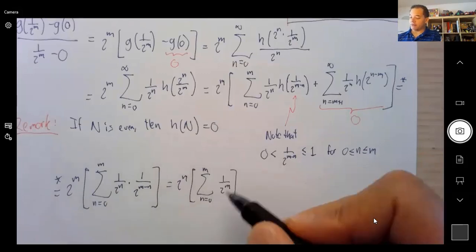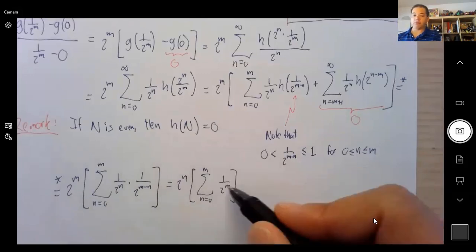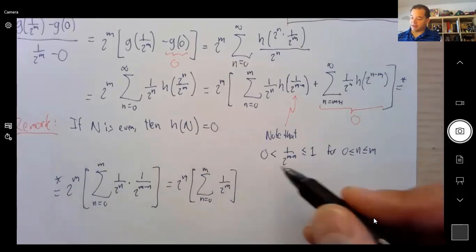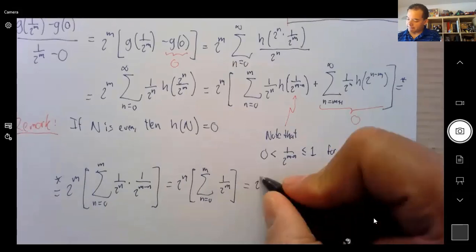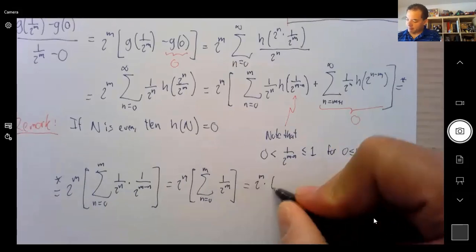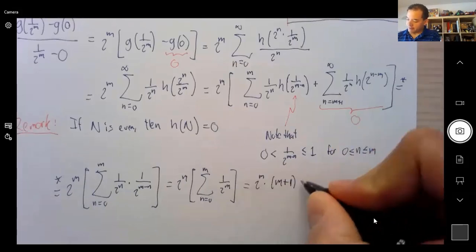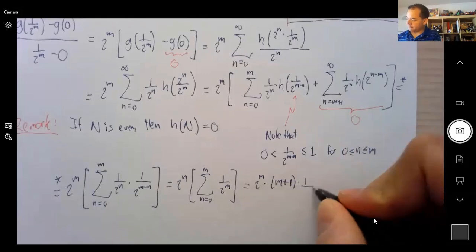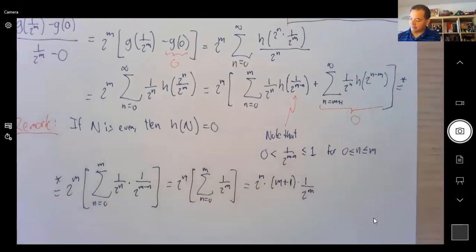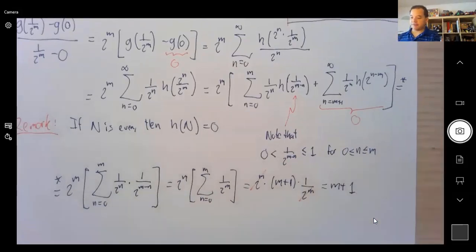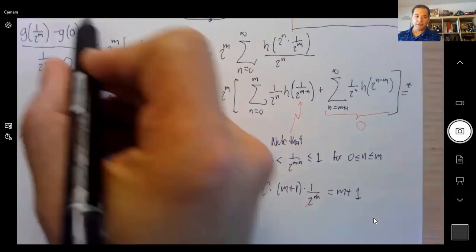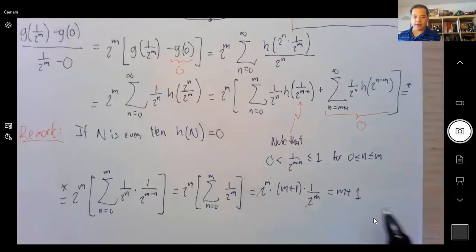I'm adding 1 over 2 to the m plus 1 over 2 to the m plus 1 over 2 to the m, and so on, between 0 and m. So that's going to be m plus 1 times 1 over 2 to the m. Of course, these cancel, and so we just solve the exercise, right? So this number over here is indeed m plus 1.